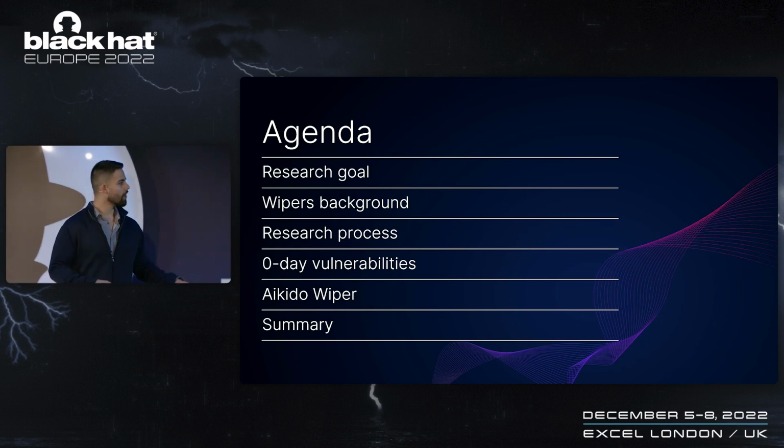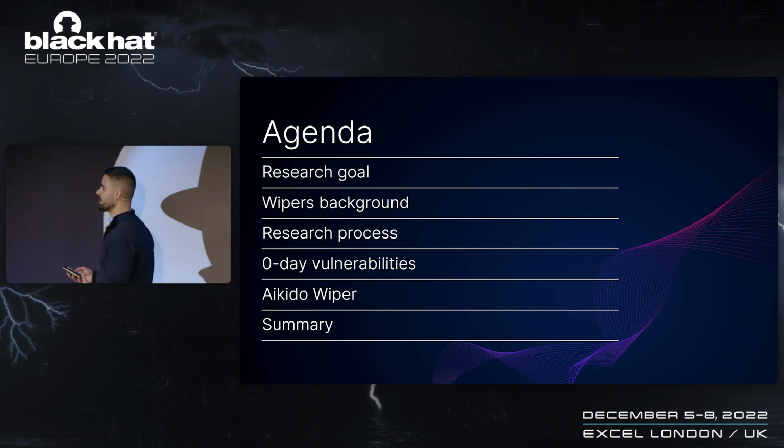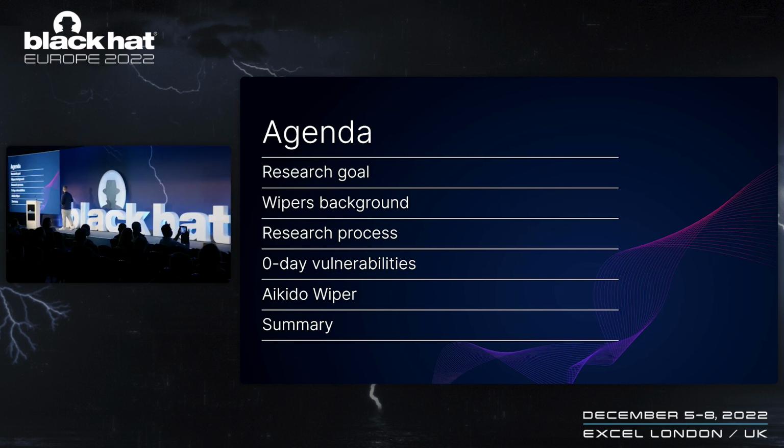So I will start with presenting my initial thought when I started this research, my initial research goal. Then we'll talk a bit about wipers in general. We'll see what they are, how they work, and what they're used for.